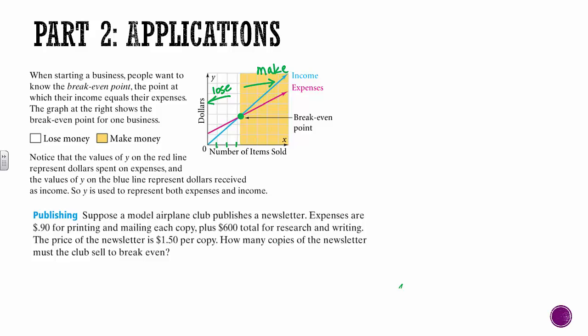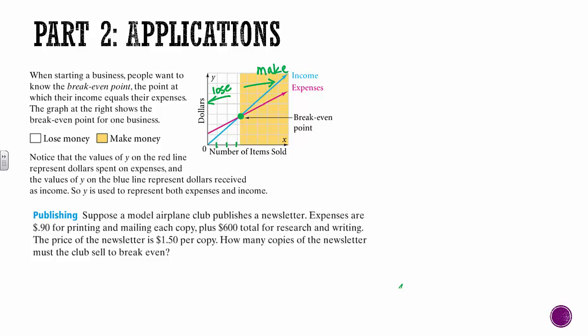So here's the problem. Suppose a model airplane club publishes a newsletter. Expenses are 90 cents for printing and mailing each copy, plus $600 total for research and writing. The price of the newsletter is $1.50 per copy. How many copies must they sell to break even? So we need to come up with 2 equations.